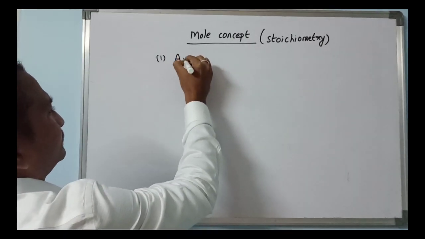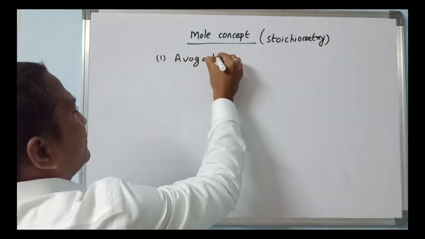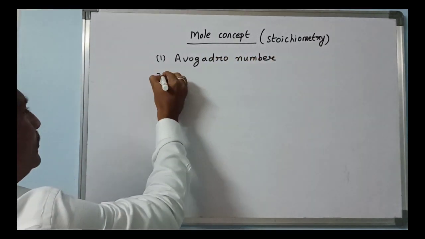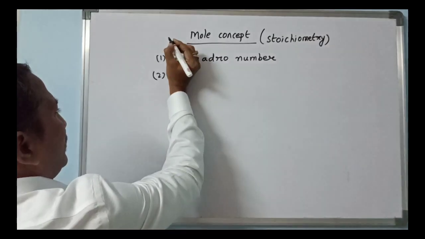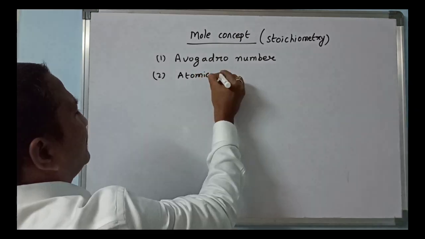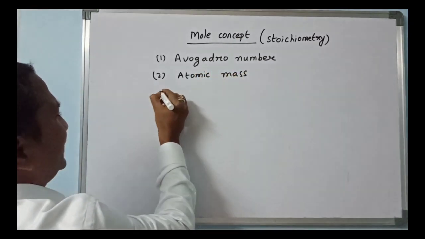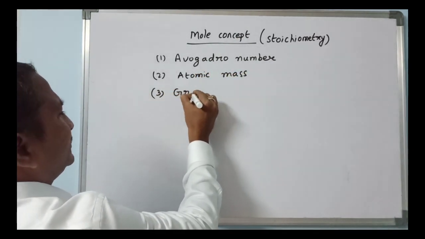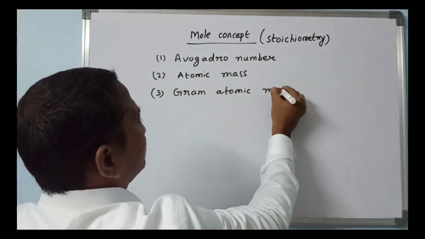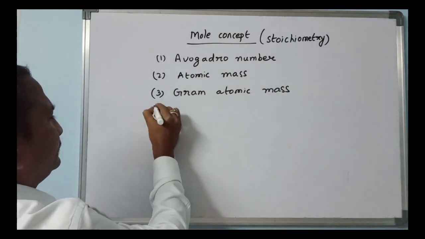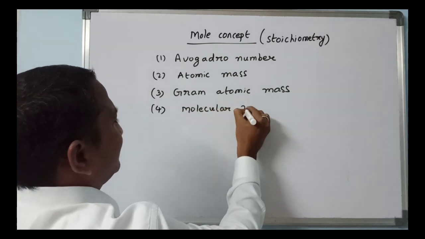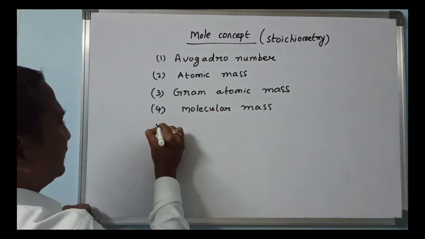1. Avogadro number. 2. Atomic mass. 3. Gram atomic mass. 4. Molecular mass. 5.